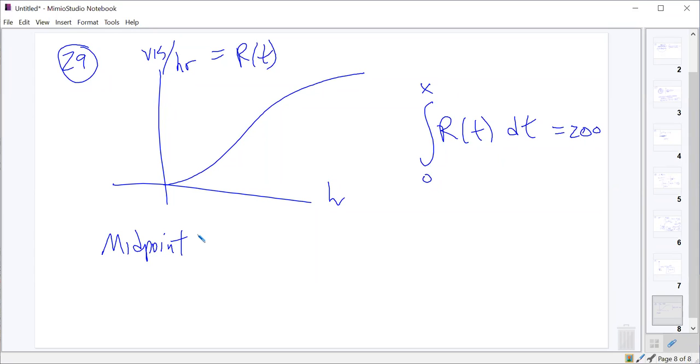So the midpoint between 0 and 1 looks like maybe 5 visitors, so 5 times the length of that interval, 1. And then between 1 and 2, it's about 25 maybe, and the length of the interval is 1. Between 2 and 3, looks like that's up to about 70 times the length of the interval, which is 1.